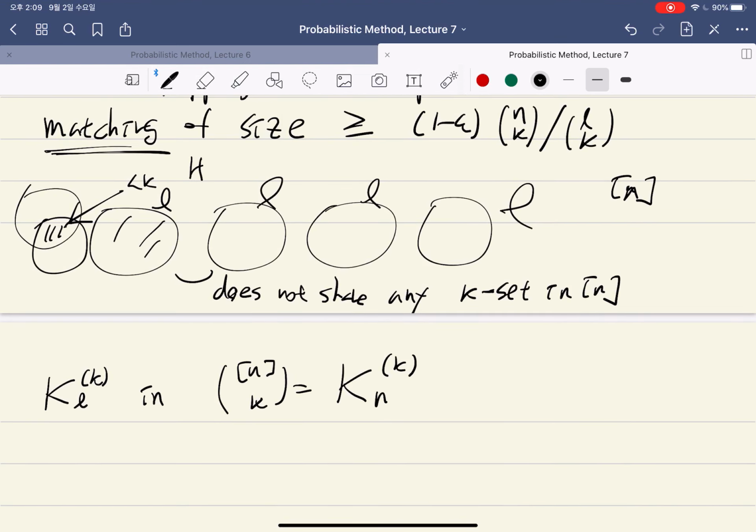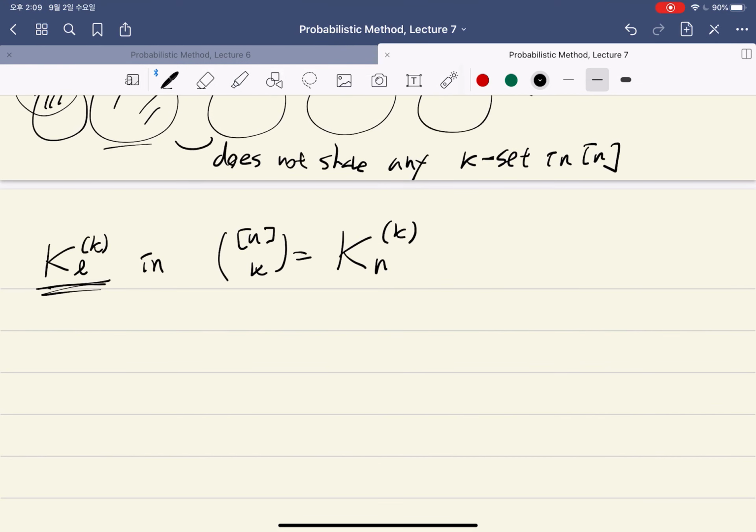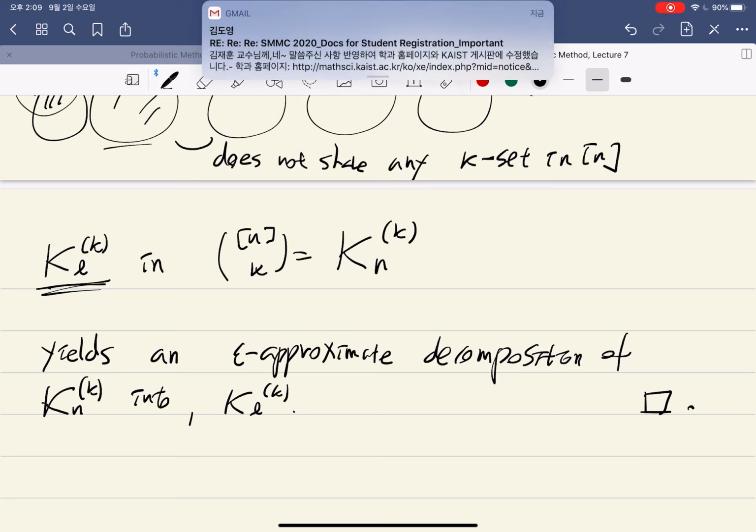In here, each of the edges in this matching is a copy of this, and they do not share any set of size k, and it has this much size. So this yields an epsilon approximate decomposition of Kn into copies of Kl.